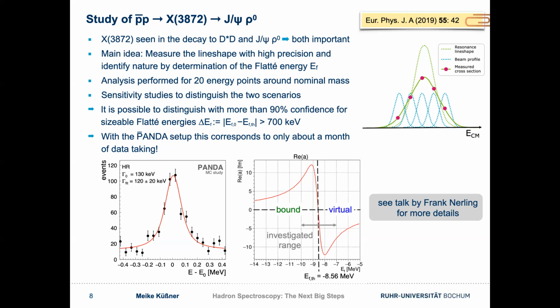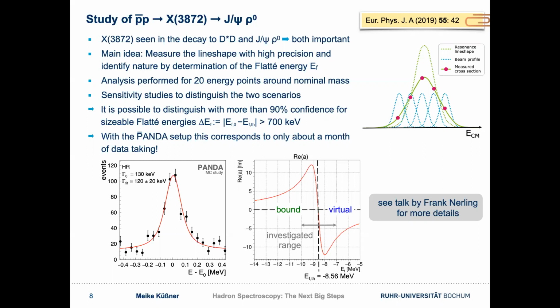In this analysis, the main idea was to measure the line shape with very high precision and to identify the nature of the state by determining the Flatté energy E_f from the line shape. Twenty energy points around the nominal mass were used, and sensitivity studies were performed to see if it is possible to distinguish the two scenarios of a bound or unbound state.